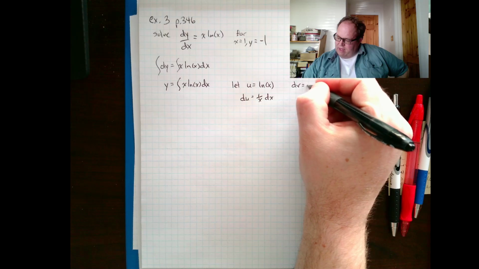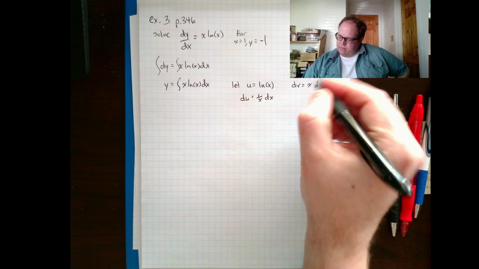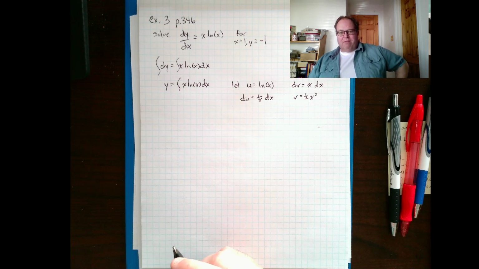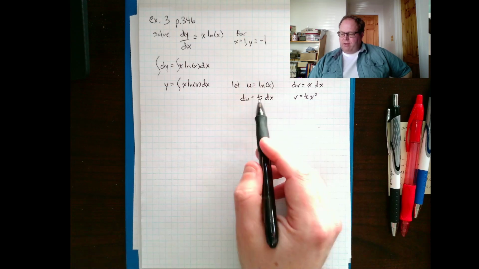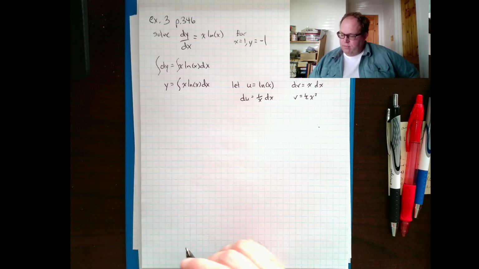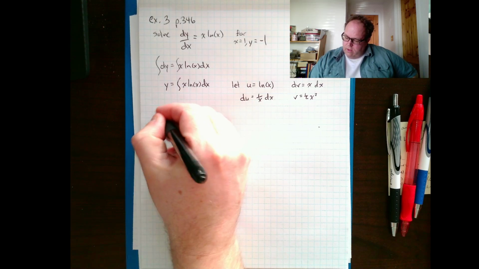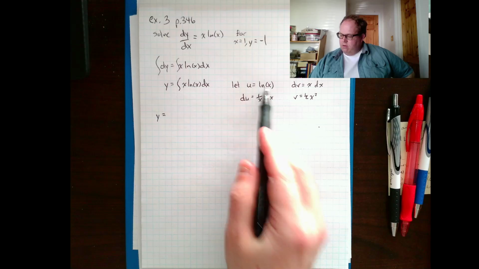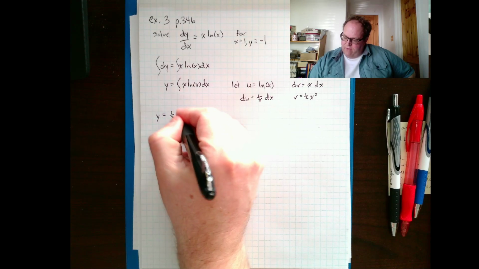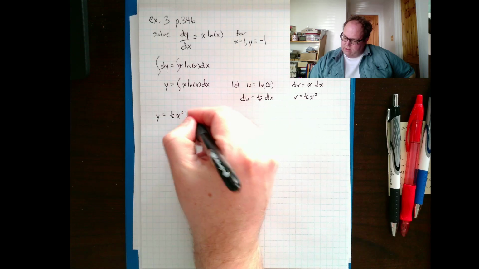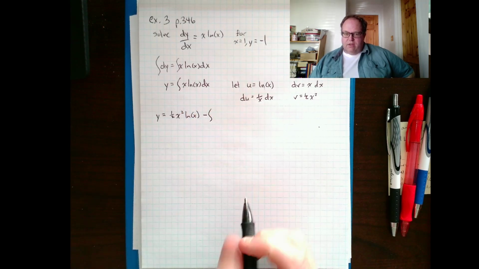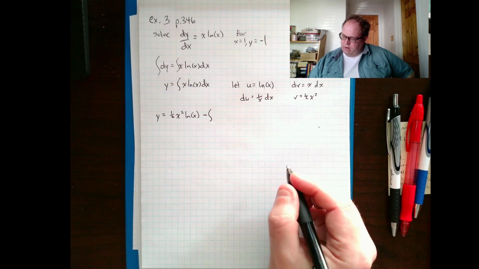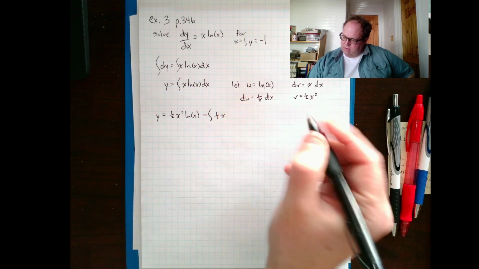Now that leaves my dv to be x dx, which would make my v a half x squared, which seems like I'm making things more complicated, but when I couple that with the 1 over x, it will actually make life pretty straightforward. So then following the integration by parts, uv, I get a half x squared ln x, minus the integral of v du. 1/2 x squared times 1 over x is just going to be a half x dx.